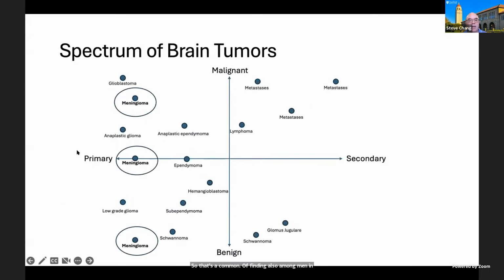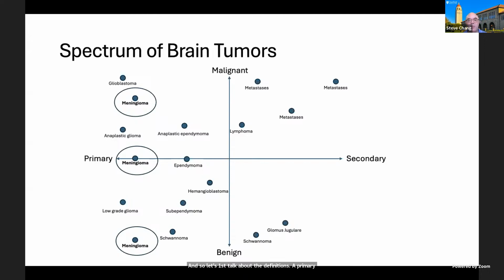So in this graphic here, we have the various brain tumors placed on the grid, depending upon whether they're benign or malignant, and depending upon whether they're a primary or secondary tumor. Let's first talk about the definitions. A primary tumor is a tumor that starts in the brain.